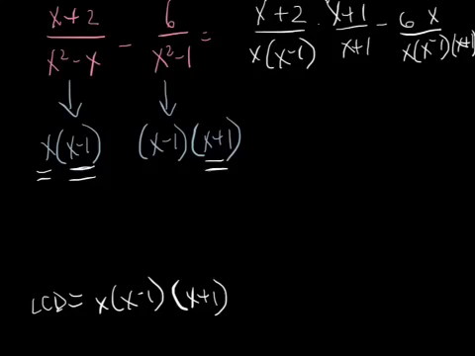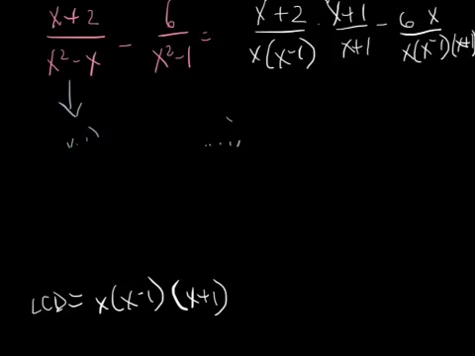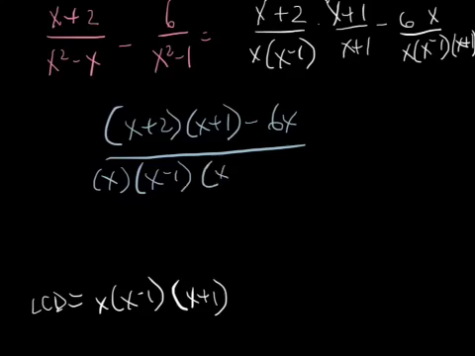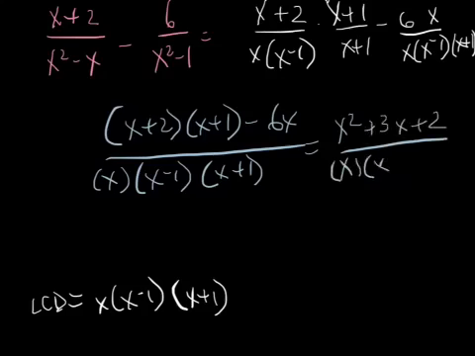So now when I start simplifying, let's just make a little room over here. Okay, a little bit of room. So I've got (x plus 2) times (x plus 1) minus 6x all over x times (x minus 1)(x plus 1). And let's clean this up. We'll get (x squared plus 3x plus 2) over x times (x minus 1)(x plus 1).